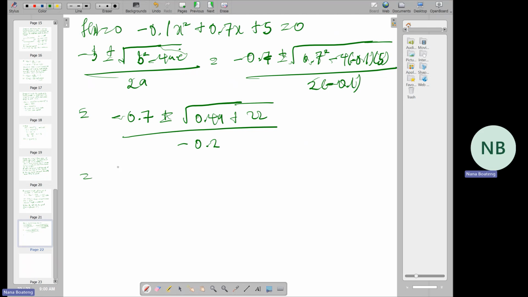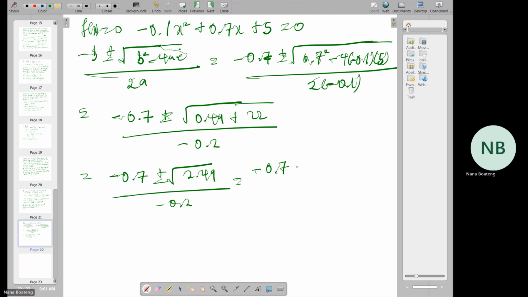So this equals minus 0.7 plus or minus square root of 2.49 divided by negative 0.2, and this equals negative 0.7 plus or minus 1.578 divided by negative 0.2.